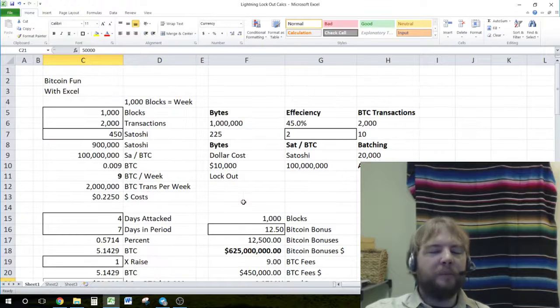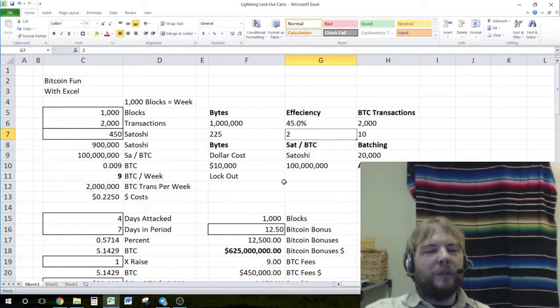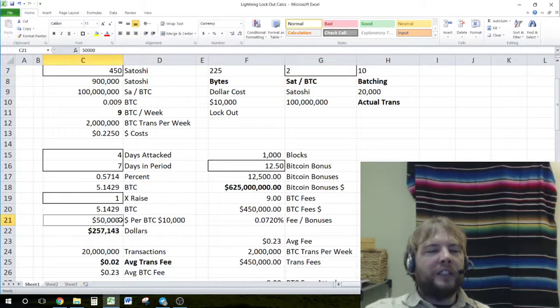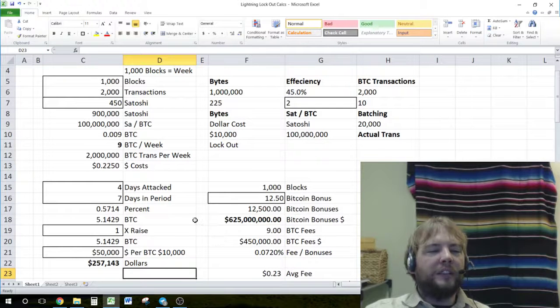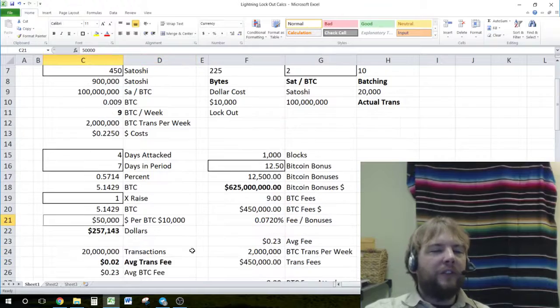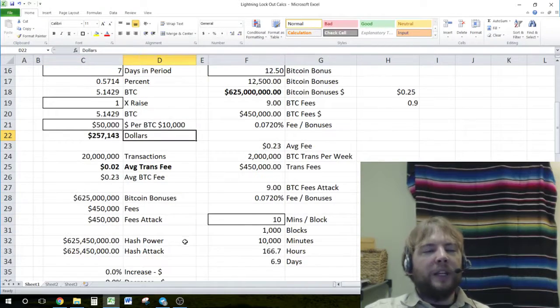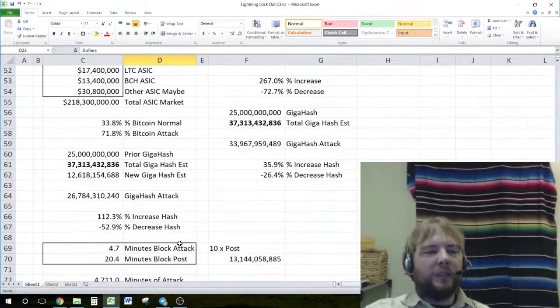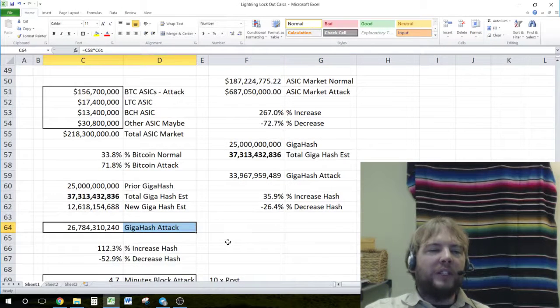I can almost guarantee you. But moving on, let's just assume it increases to $50,000. It goes to 100,000 in 6 months, sure. But let's say $50,000 in 3 months. So if that is the situation that occurs, then our gigahash level will actually be more gigahash than we have now.